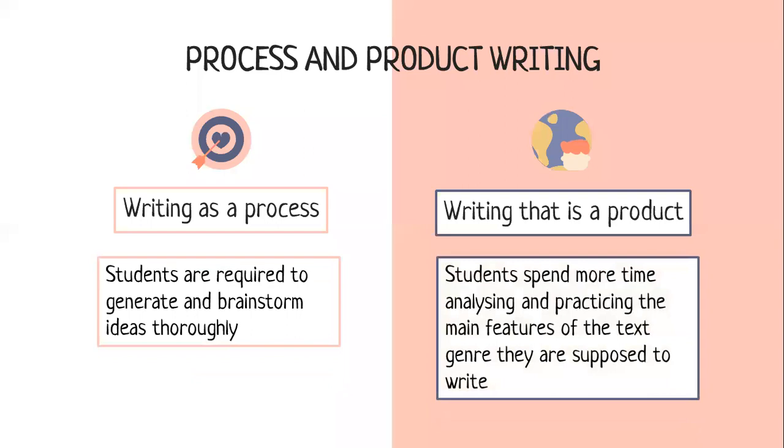Product writing focuses on the end product. Students are not required to generate and brainstorm ideas as thoroughly as they do in process writing. Instead, they spend more time analyzing and practicing the main features of the text genre they are supposed to write.